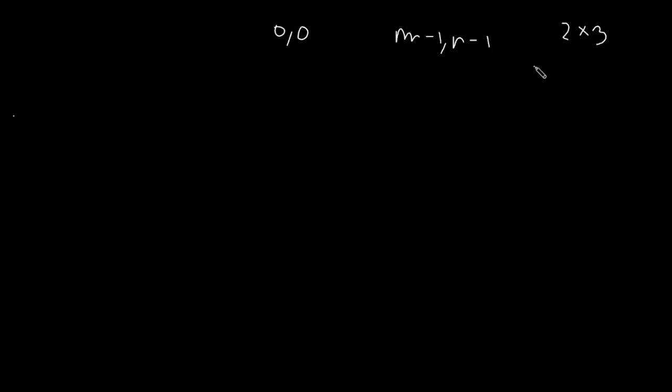Our target will be 1, 2. This is going to be our target. The robot is currently starting from 0, 0, and it can go either down or to the right. These are the two possible moves the robot can make.